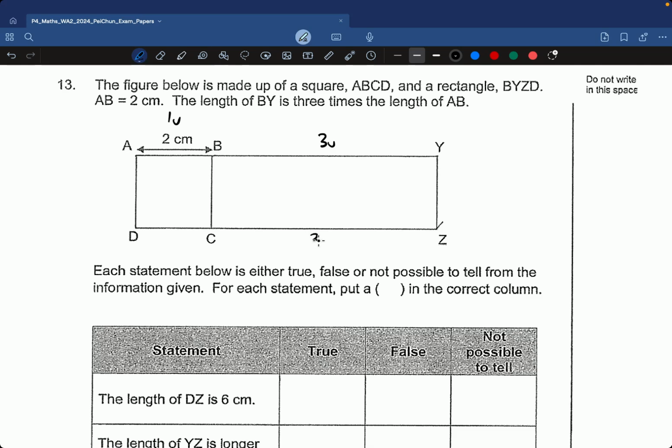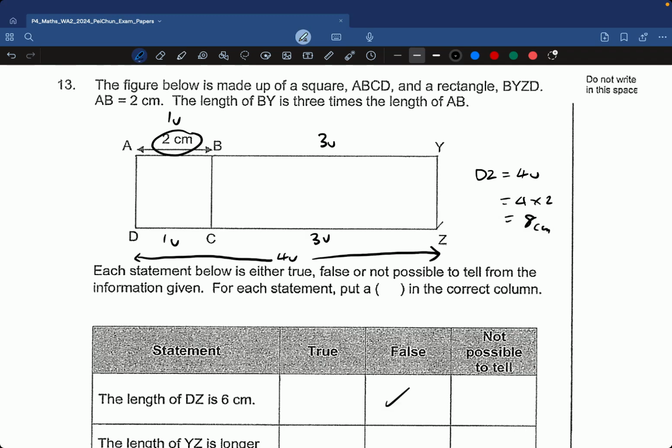So CZ is 3 units, DC is 1 unit. So if you have a total, then it will become 4 units. And how much is 1 unit? 2 centimeters. So DZ is equal to 4 units, which is equal to 4 times 2, and that's 8 cm. So this is false.